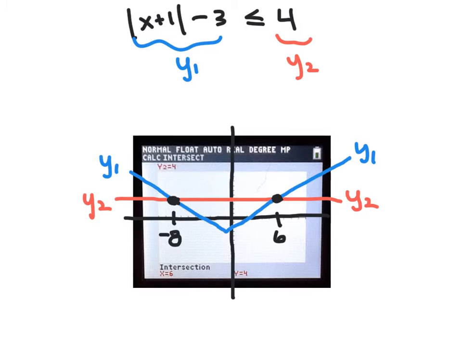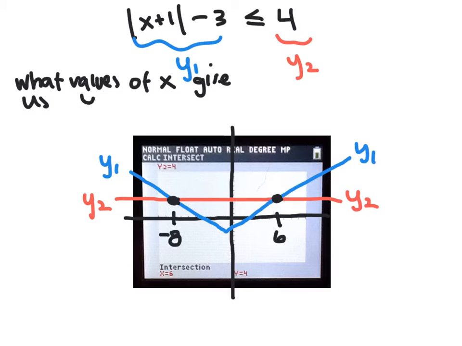So in order to understand this a little bit better, I'm going to rewrite this inequality or make you think about it in words. And what I'm trying to get at is we are asking for what values of x give us y1 such that it is less than or equal to y2.